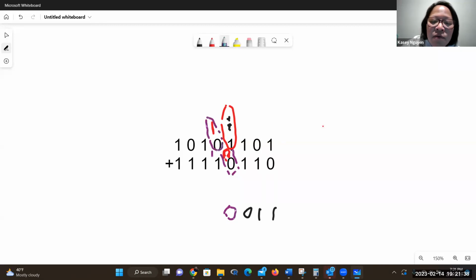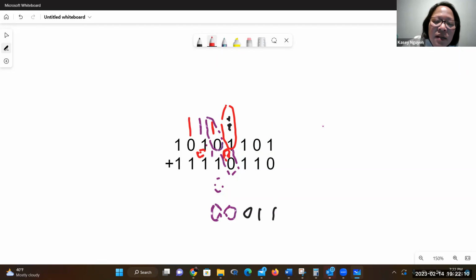Now, the result from those two, 1 plus a 1, is going to be a 0 with the carry. Then again, I'm going to handle the top two. So a 1 plus a 1 is going to be a 0 with the carry.